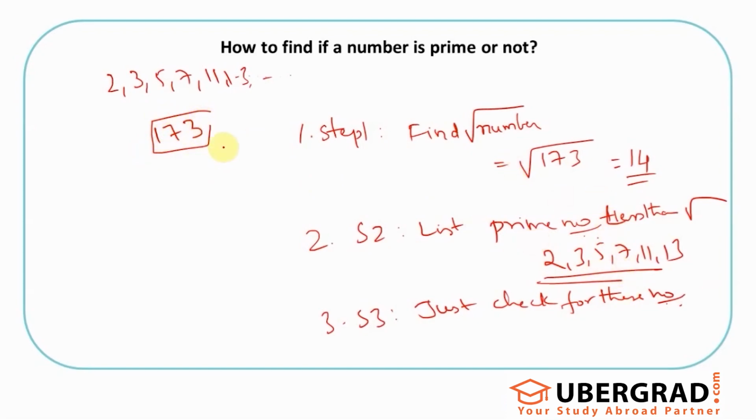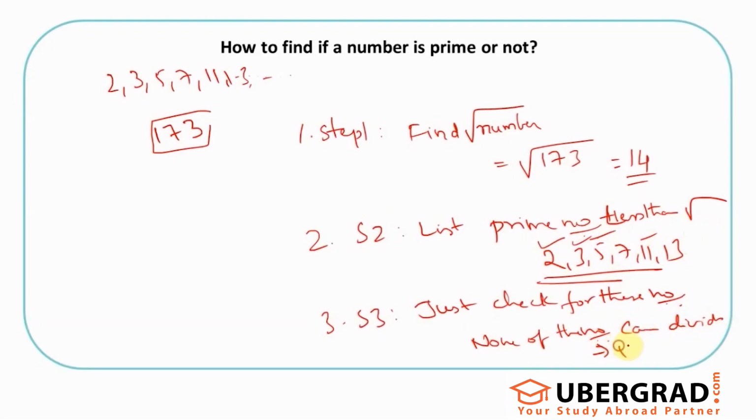For 11: 11 ones are 11, and 11 fives are 55, remainder is 8. For 13: 13 ones are 13, then you have 43, so 13 threes are 39, again a remainder of 4. If you know the divisibility rules, which we have covered in another video, you can save time for 2, 3, 5, 11 and so on, especially if the number is even bigger. But you just have to check for these, because none of them can divide.